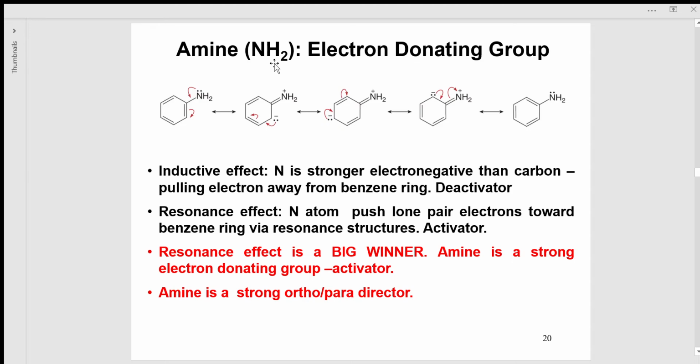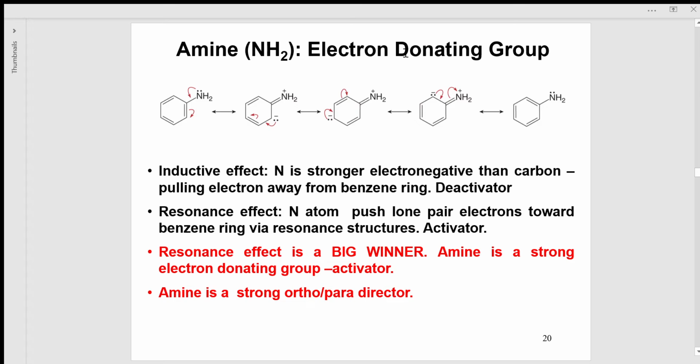Is it electron donating or electron withdrawing? If you read the textbooks, pretty much all of them just give you the conclusion, oh, amine is an electron donating group, like the title I have for this slide. I don't think that's clear.